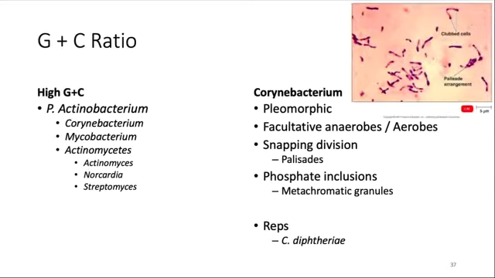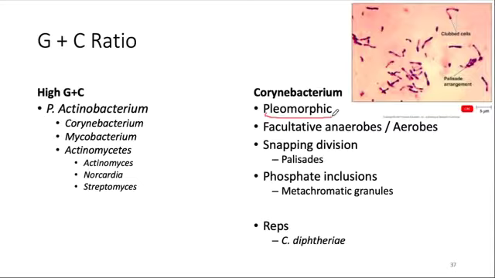So beginning with Corynebacterium, they are pleomorphic, meaning just like the Mycoplasma, they assume different shapes in terms of their morphology.